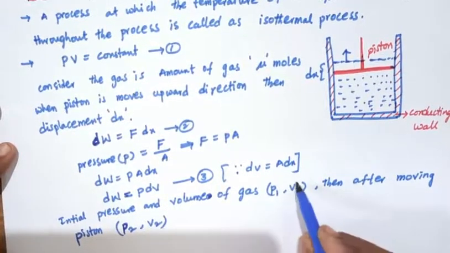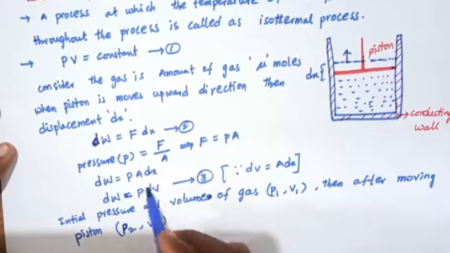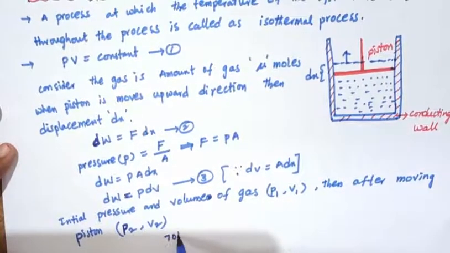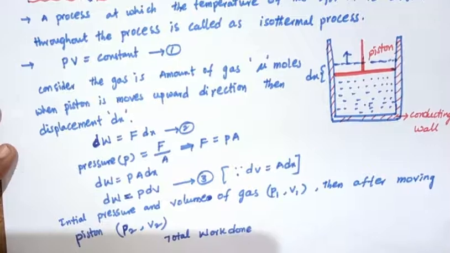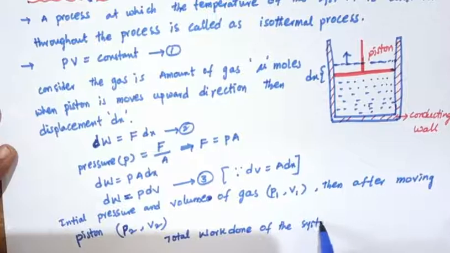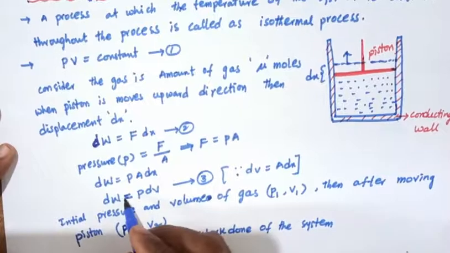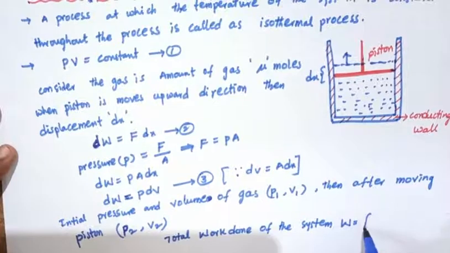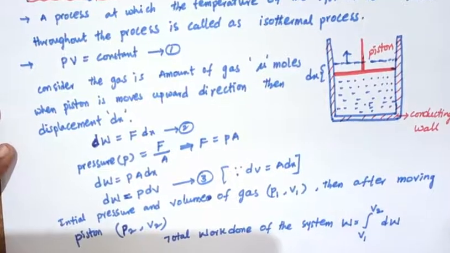So we consider volume increases, V1 to V2, so change in volume. So then total work done of the system, integrating both sides, so that is W equals integration of V1 to V2 dW.